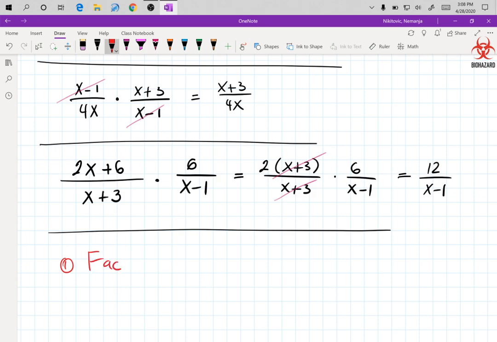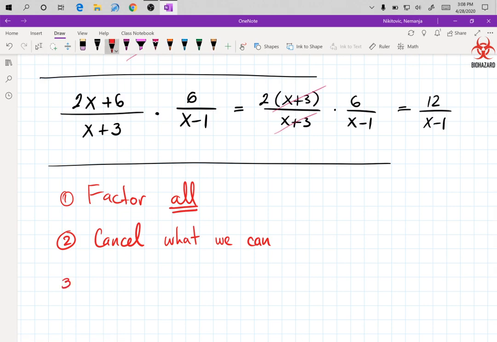Step 1: Factor all. Step 2: Cancel what we can. Step 3: Multiply across what's left.